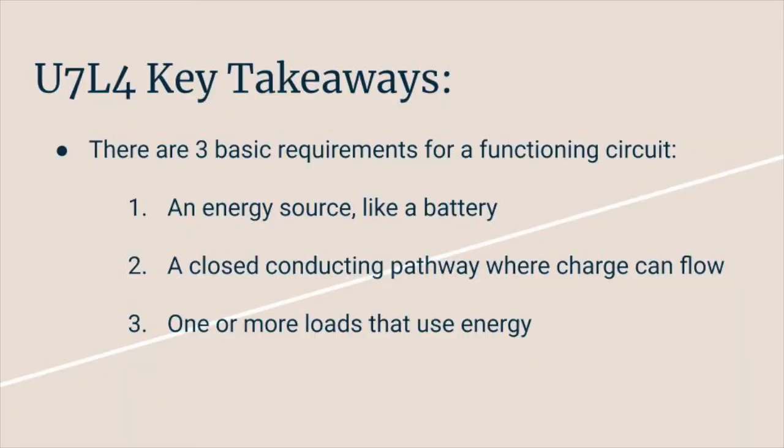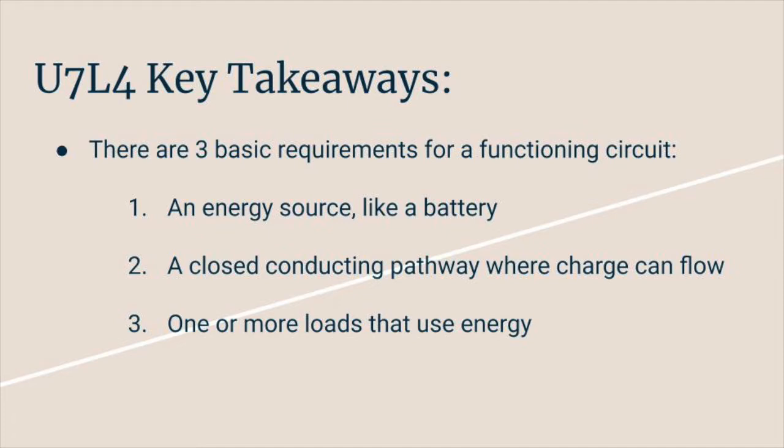So, there are three basic requirements for a functioning circuit. These requirements are, first, an energy source. So that would be the battery in your circuit, for example. Second, you need a closed conducting pathway where the charge can flow. So in the activity you did, you used wires to create a closed loop within your circuit.